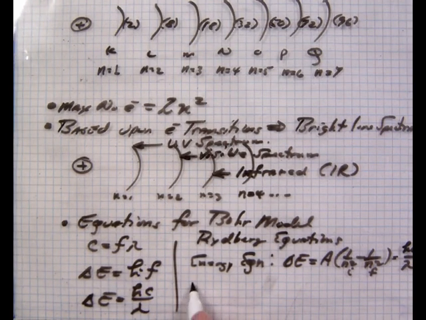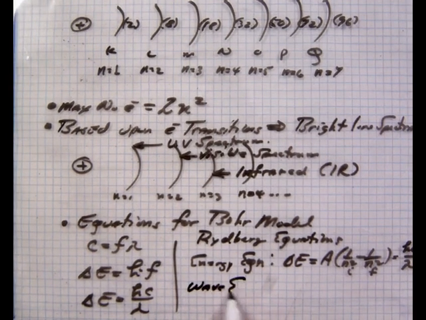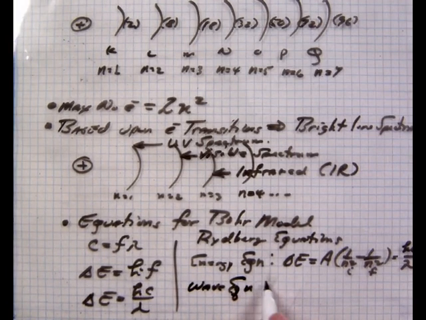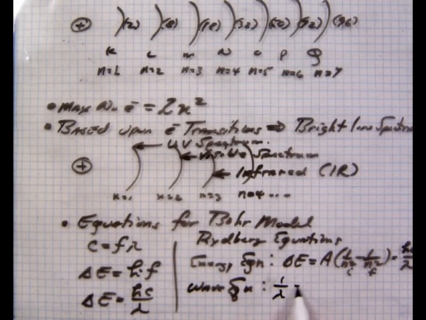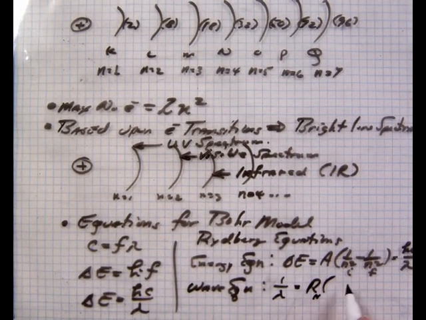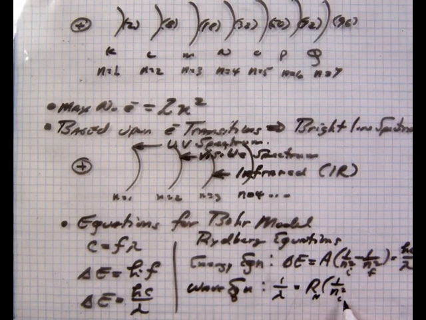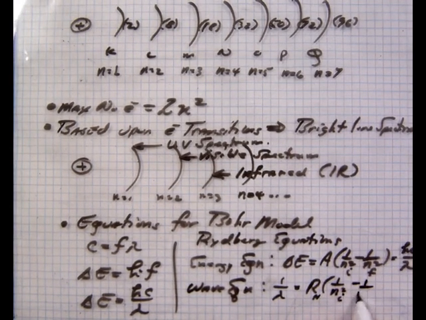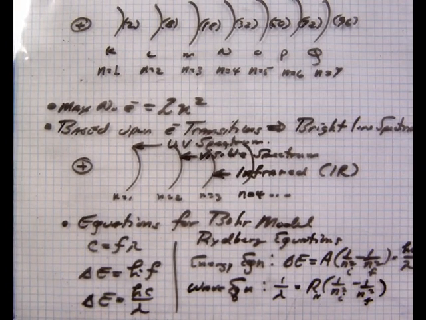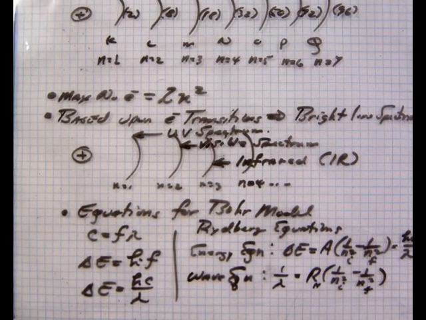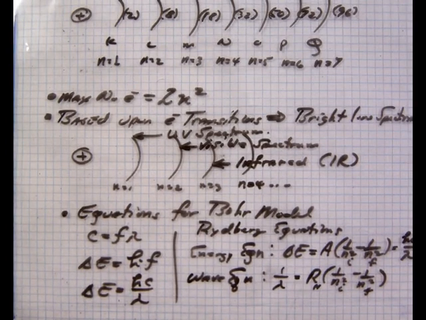And then you've got the wave equation. In other words, you want to calculate what the wavelength based on transitions is, and that's 1 over lambda is equal to R sub H times 1 over n squared initial minus 1 over n squared final, like that. And A and R will be on your reference sheet.